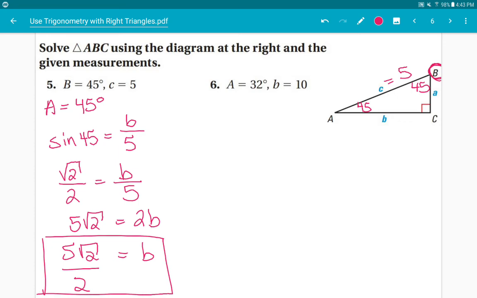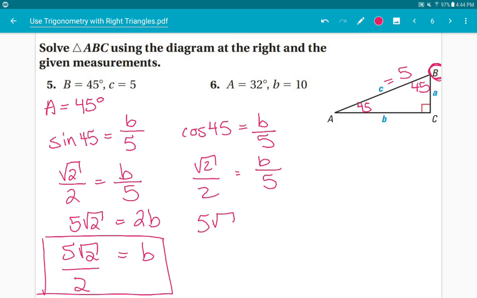Now we want to do the same thing to solve for a. But this time, instead of using sine, we're going to use cosine of that 45. That's also going to give me radical 2 over 2. So it looks like this one is just going to be a case where it's an isosceles right triangle. We're going to get 5 radical 2 equals 2b.